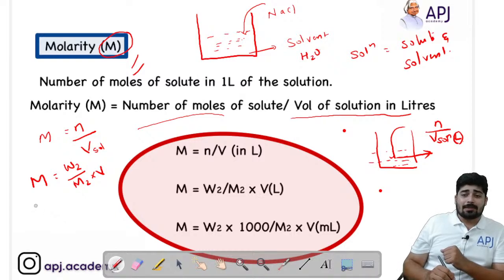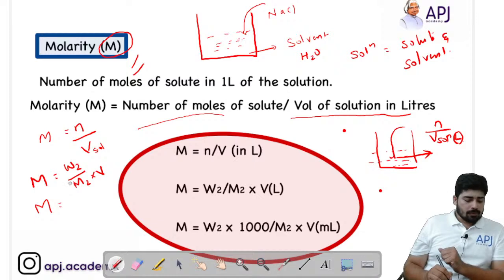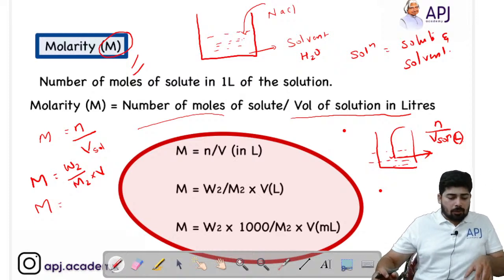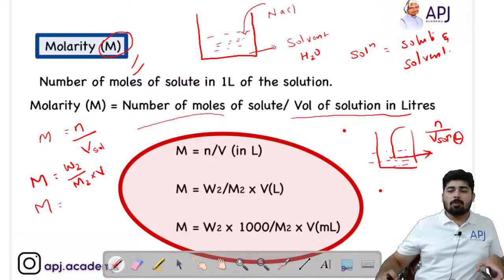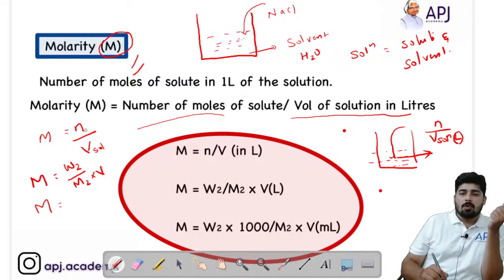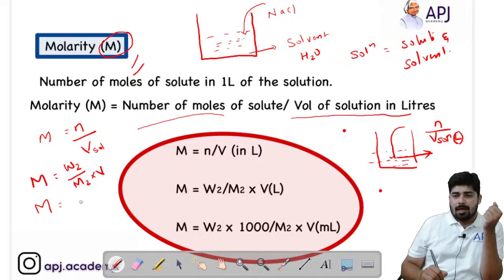The third representation is for when the question is given in ml. We know that 1000 ml gives 1 liter. So here I can write W2 divided by M2 into V, and here I write 1000.